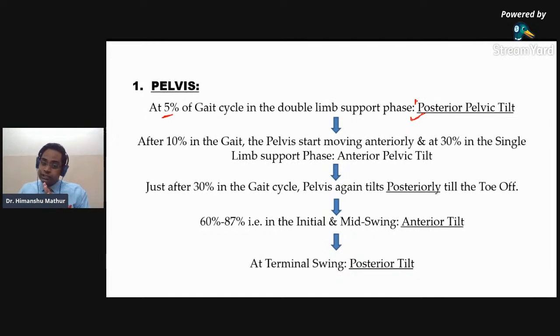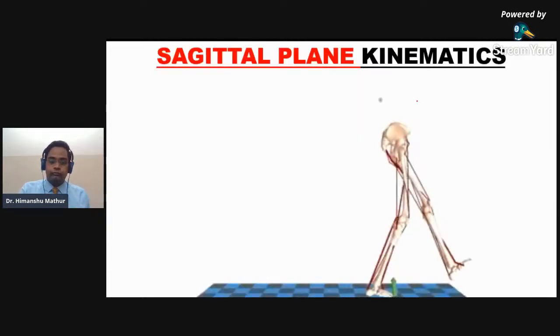And at terminal swing, whenever the limb is preparing to get into heel strike, it went back to posterior. So first posterior tilt, then anterior, then posterior, then anterior, then posterior. Right? So watch this again once more when I tell you about it.